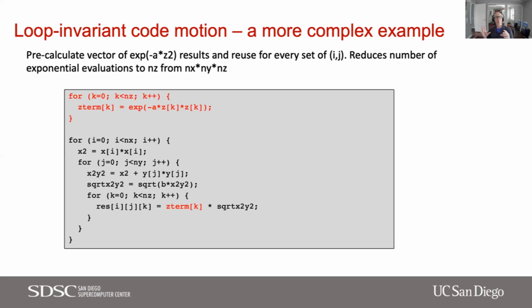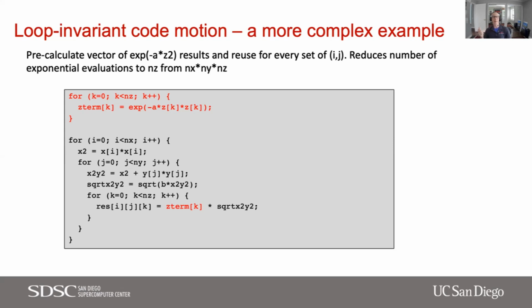In this case, we can pre-calculate a vector that I'm going to call z term. Pre-calculate that, move that outside of this triply nested loop, and then in the very inner loop nesting, I can just call that term z term of k, and then multiply it by the square root of x2, y2. And by doing this, we are going to make our code a lot faster.